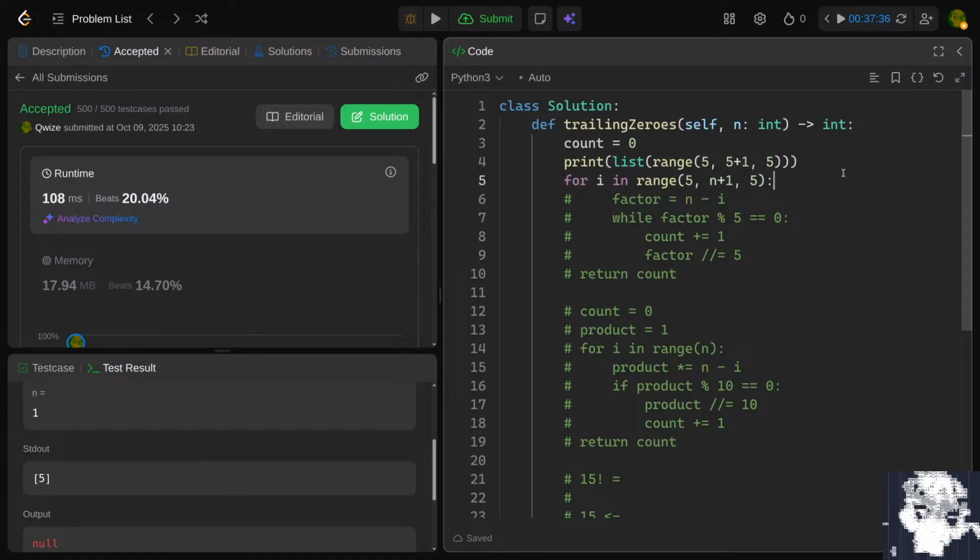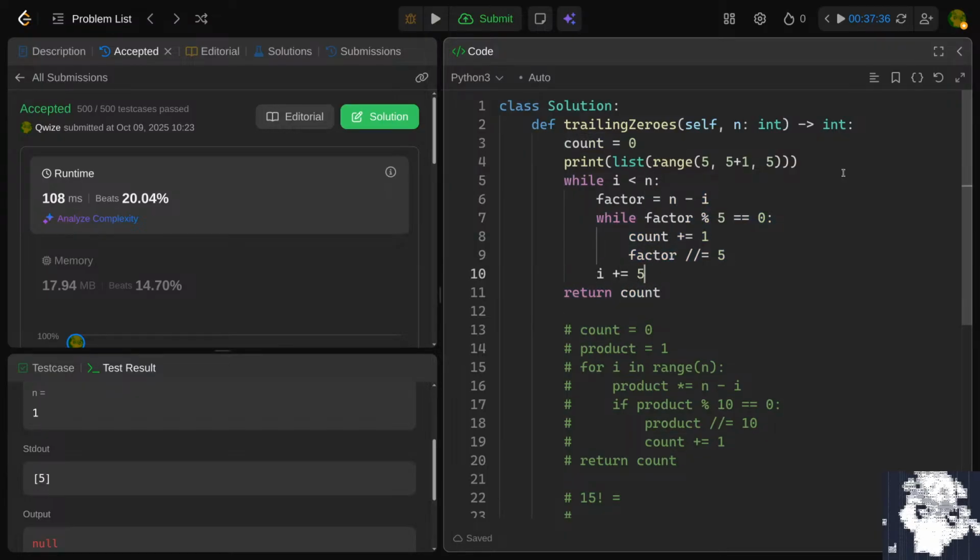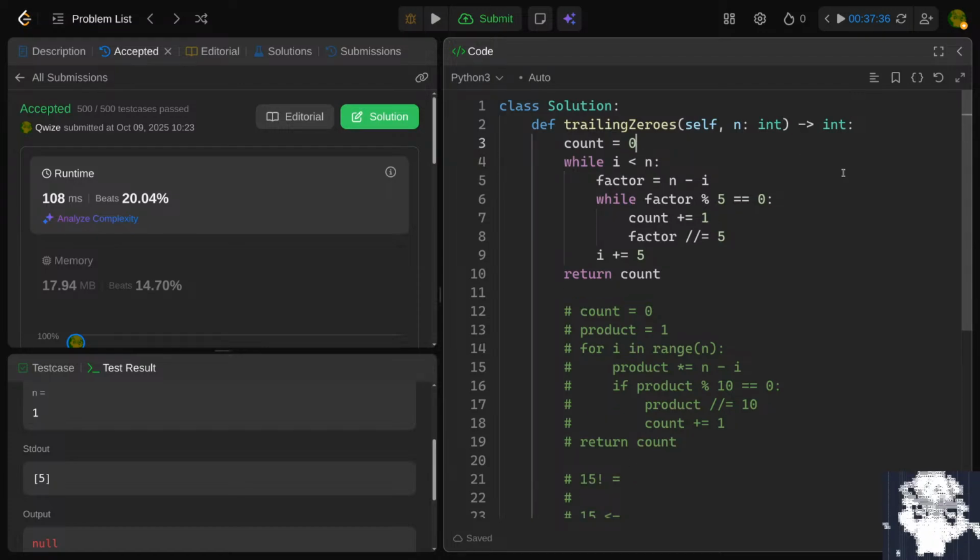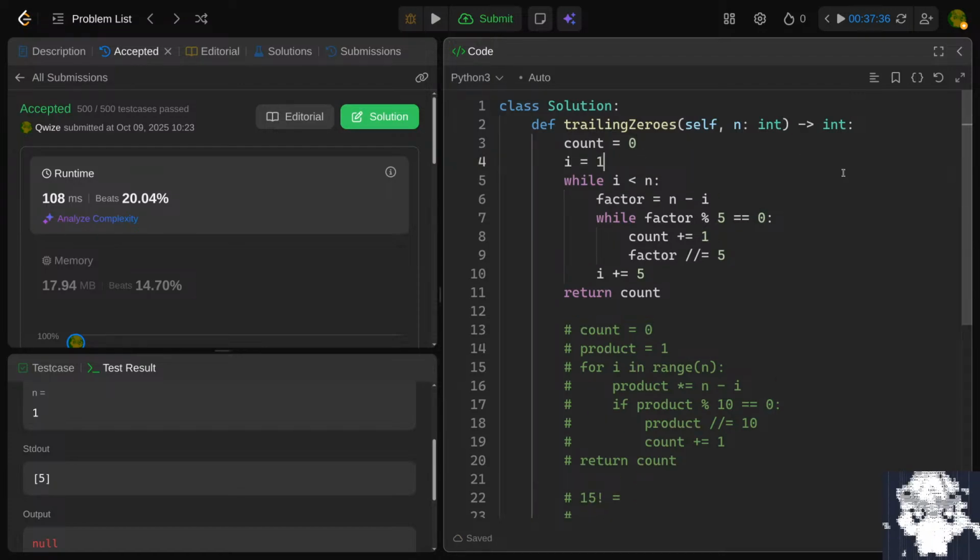Like, I think I just want to abandon the for loop and just do while I is less than n, do this, and then just I plus equals 5, because we don't need to check. We can jump by 5s. I needs to start at 5.